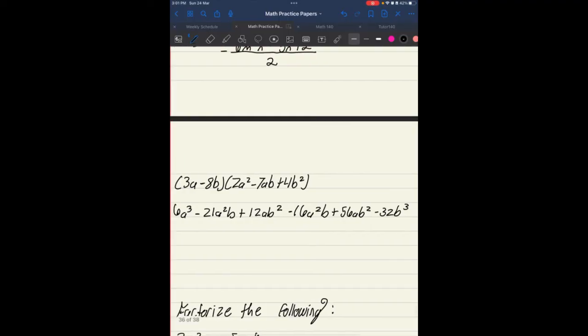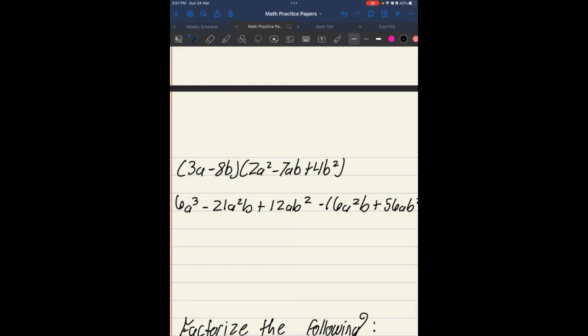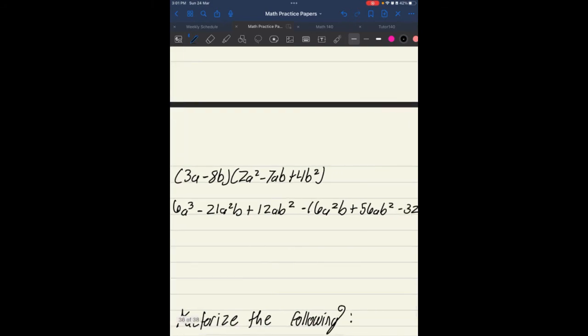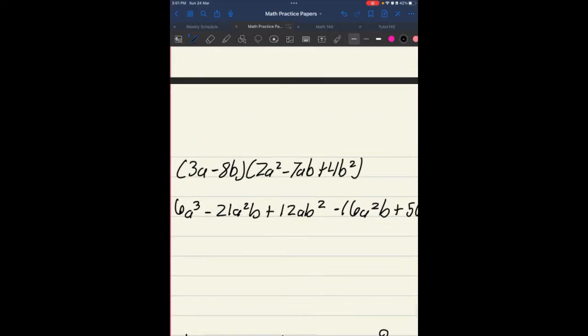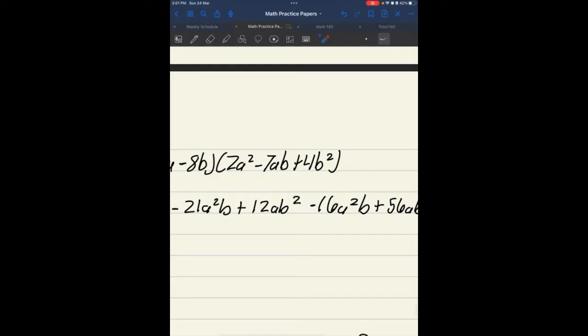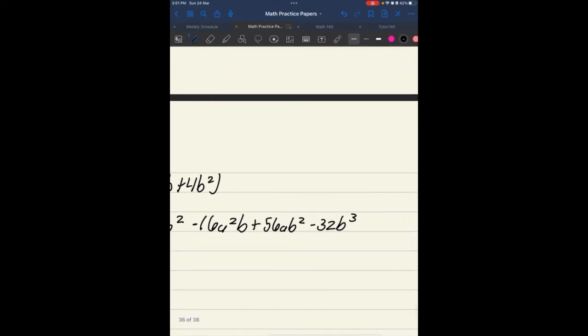Okay, now just sort the like terms. Like terms as in they have to be the same kind. For example, this right here and this right here are like terms, because we have a squared b and this a squared b. So sort the like terms so you can add them.